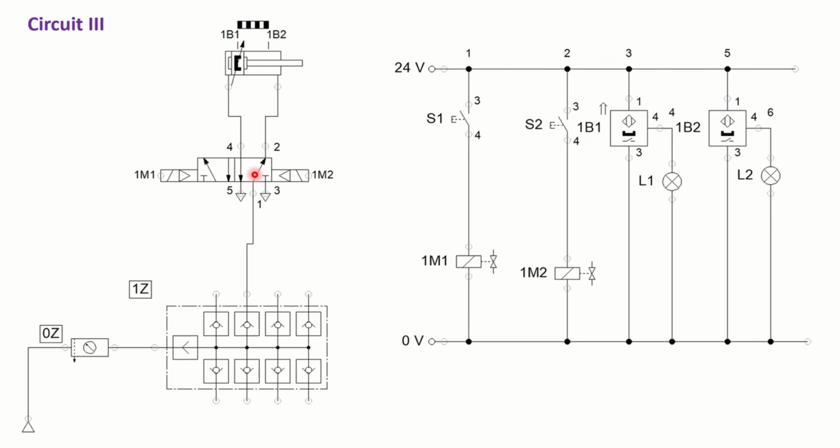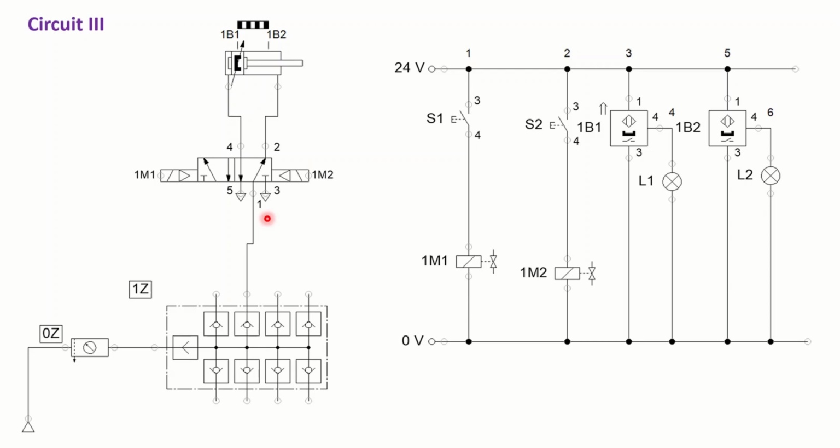This side is the pneumatic side, and now, instead of one electric actuation, we have electric actuation from both sides, 1M1 and 1M2, linked to two solenoids. These two solenoids are connected to two switches, and whenever we turn on either switch, the corresponding solenoid is energized and we get the corresponding actuation.